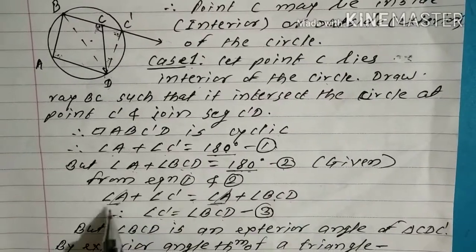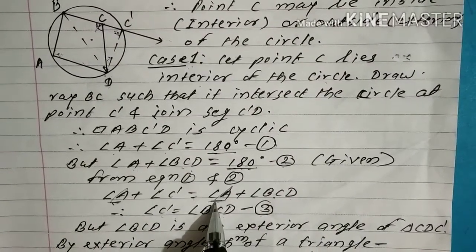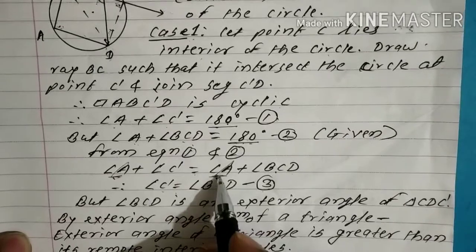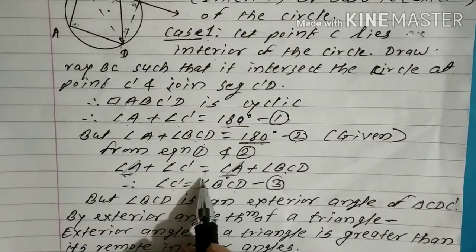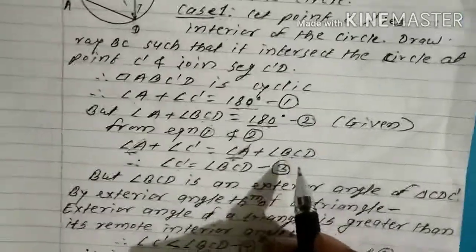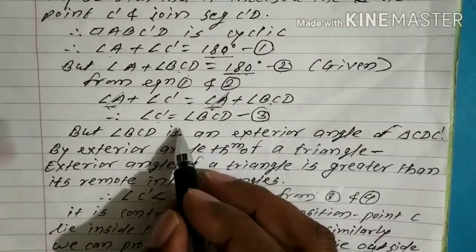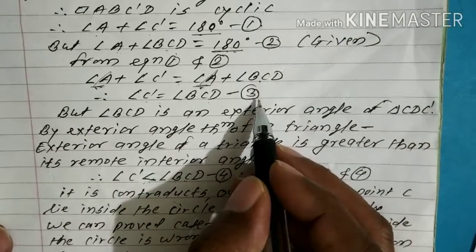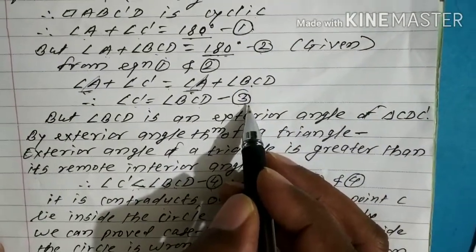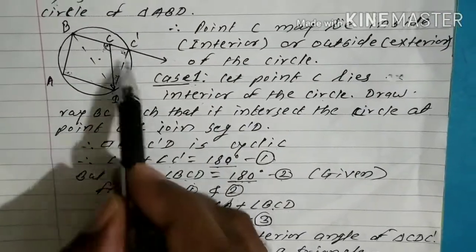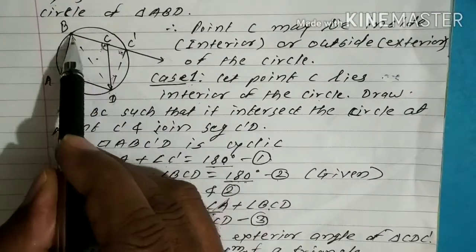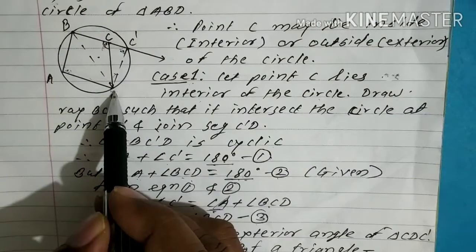On both sides, angle A is the same. Hence, it cancels. What remains? Angle C dash is equal to angle BCD. Name it equation 3.